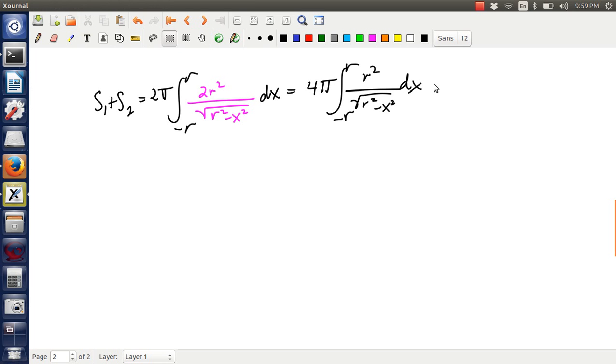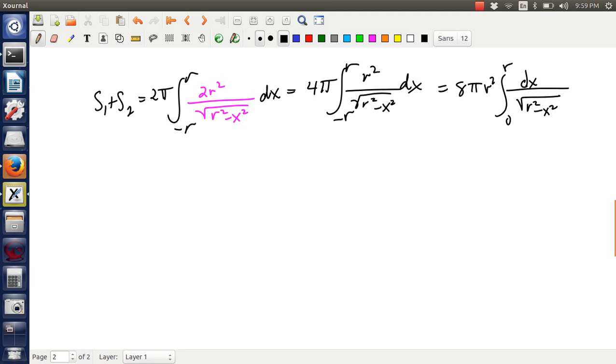Okay, so now what can I do? Well, I would like to make this a little bit neater. And since r is just a dummy variable, I'm going to put r squared outside and do something like this.